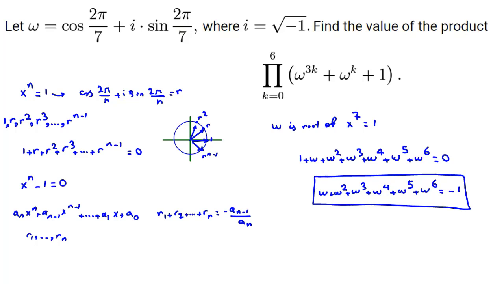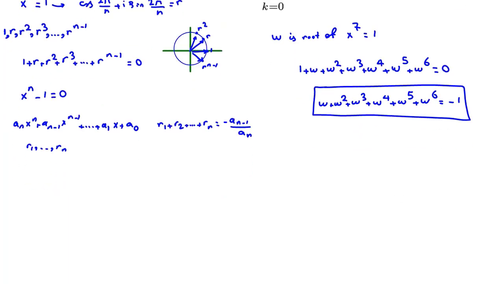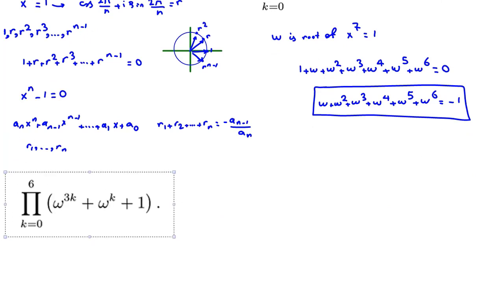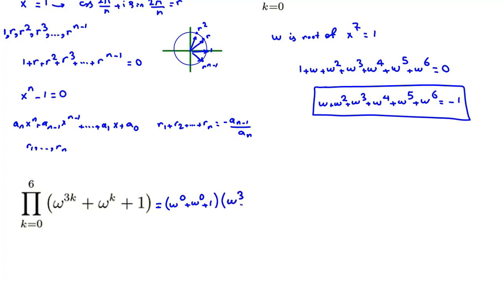Now, let's calculate the problem. Let's replace k with 0: omega to the 0 plus omega to the 0 plus 1, which is 1 plus 1 plus 1, 3. For k equal to 1, omega cubed plus omega plus 1. For k equal to 2, omega to the 6 plus omega squared plus 1. For k equal to 3, omega to the 9 plus omega cubed plus 1.